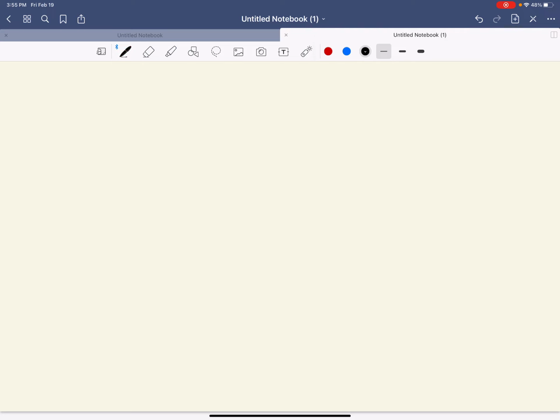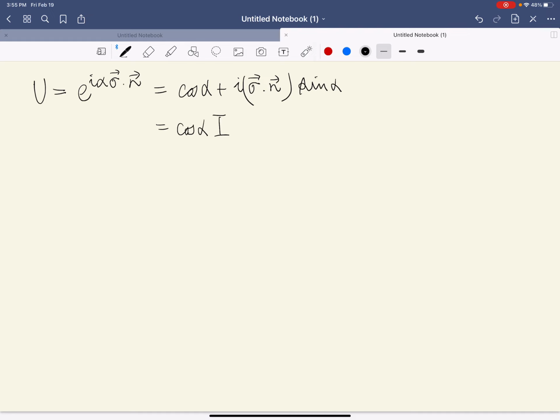But it's also the case that the most general kind of unitary operation is expressed in this mathematical form. But I also proved to you some time ago that it can break down into this form. And using the notation I introduced just now, this part is just cosine alpha times the identity operation.